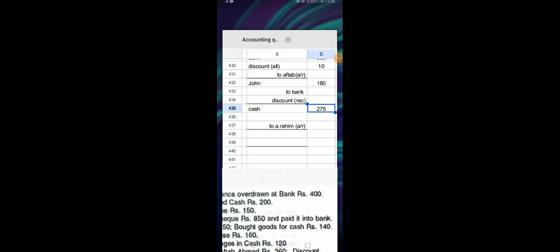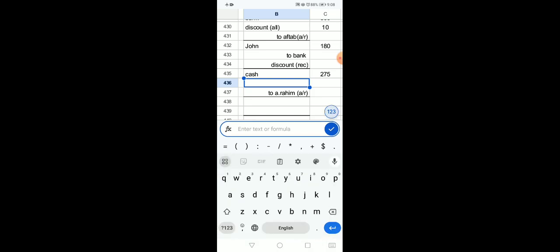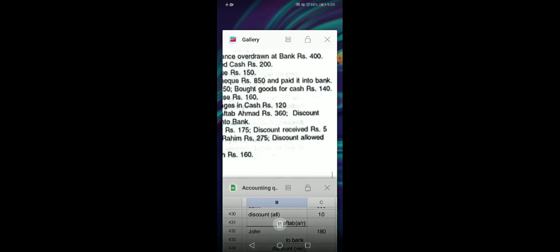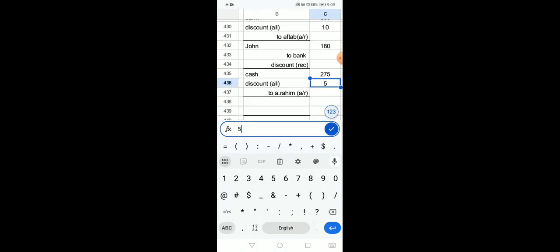Now see, discount allowed is already mentioned. When discount allowed is mentioned, it means you are permitting, that is your expense. So you will write discount on debit side, as discount allowed is an expense for you. So it would be mentioned on debit side. How much discount? You will be mentioning the amount over here.